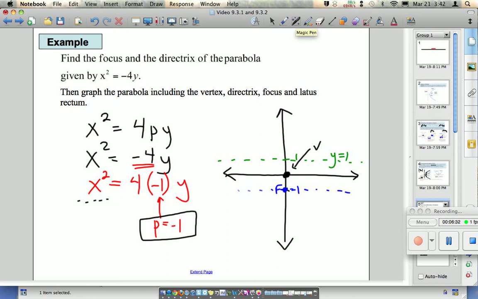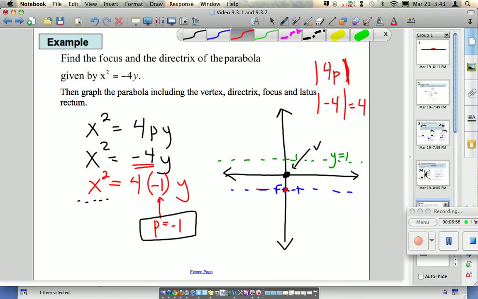So what we do, remember, is we ask ourselves, what is the absolute value of 4p? That's how long this line will be. Since p is -1, it's the absolute value of -4, which is just 4. So that means this line, centered at the focus, will be 4 units long. So I'm going to draw a line here that's 2 on each side.